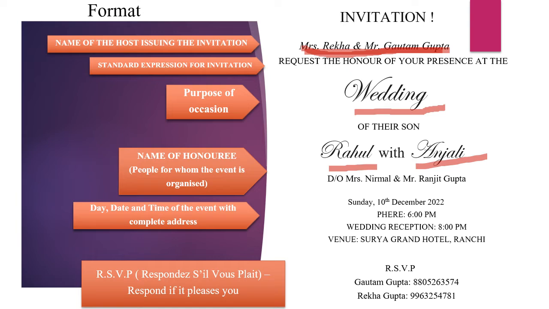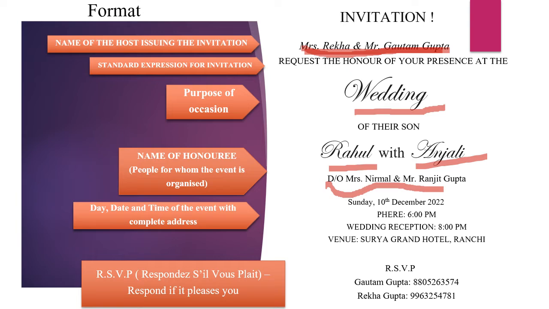Now the fourth thing is that you have to write the name of the person for whom you are arranging this event, for whom the event is organized. Here I have written the names Mrs. Nirmal and Mr. Ranjit Gupta. Okay, I hope you got that.